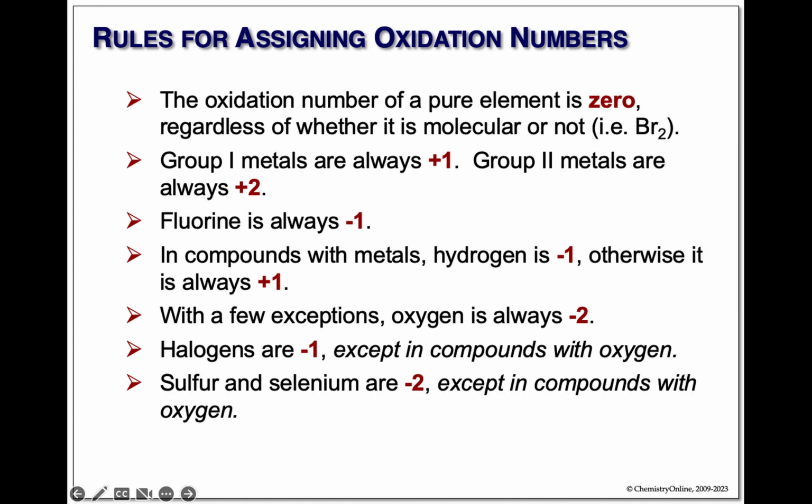Fluorine, way over here, most electronegative element, is always -1. So that's our always. Hydrogen, we know, has a split personality. It can be +1 or -1. If it's bonded with a metal, it'll be -1. Otherwise, it's +1.